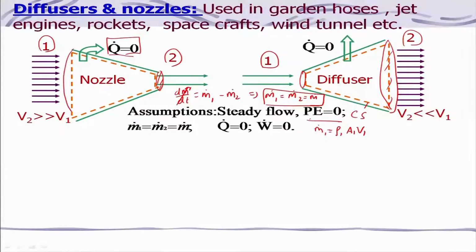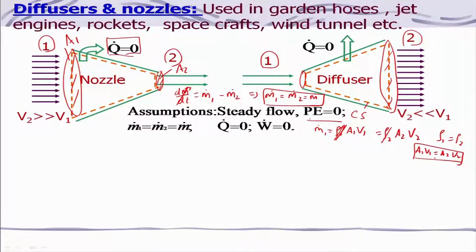This area is A 2, so it is equal to rho 2 A 2 V 2. If I consider the density is the same, not changing, this can be cancelled out, right. Assuming rho 1 is equal to rho 2, I can write A 1 V 1 is equal to A 2 V 2.